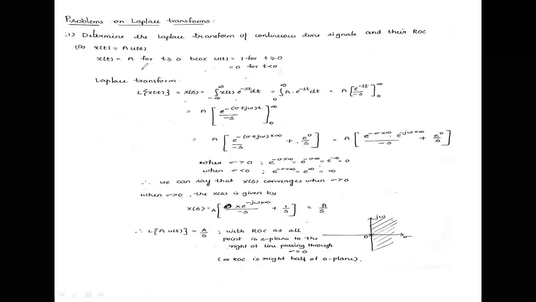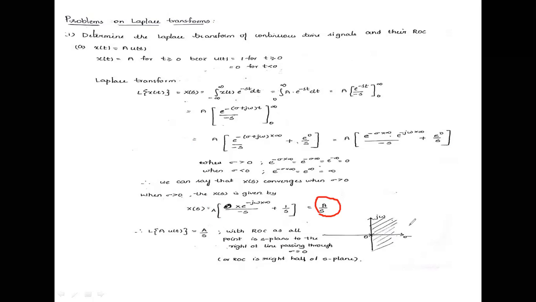So the given signal a into mu of t has the Laplace transformation a by s, with the ROC as all points in the S-plane to the right of the line passing through sigma equal to 0.